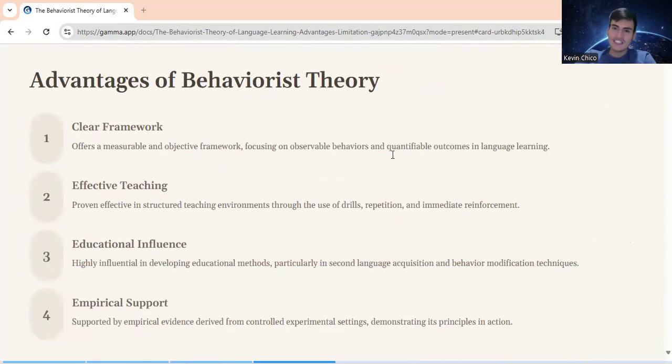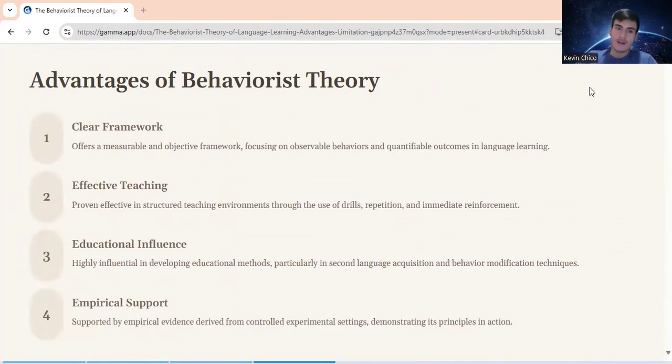What advantages does this theory have? Clear framework, effective teaching, educational influence, and empirical support. Clear framework: it offers a measurable and objective framework focusing on observable behavior and quantified outcomes in language learning.